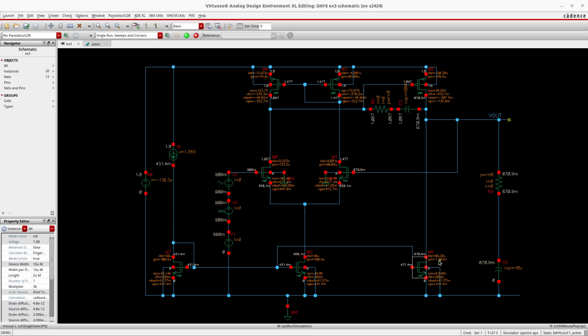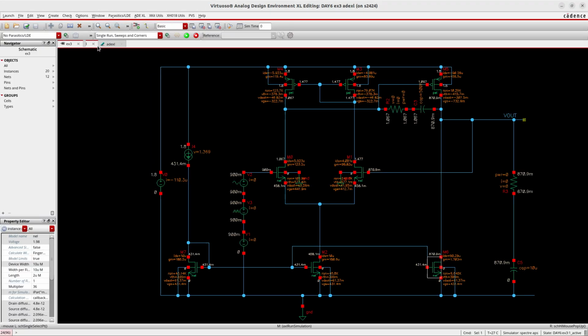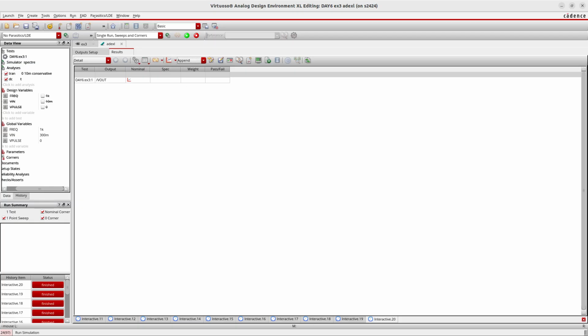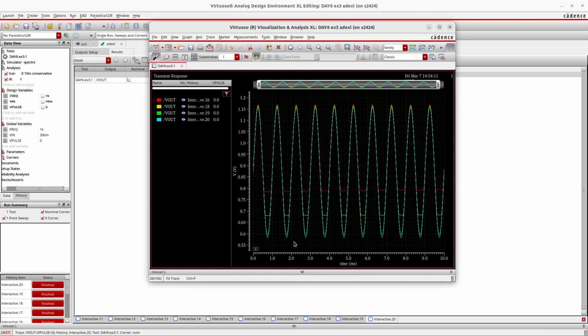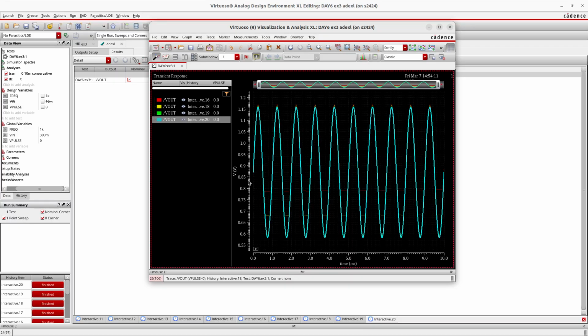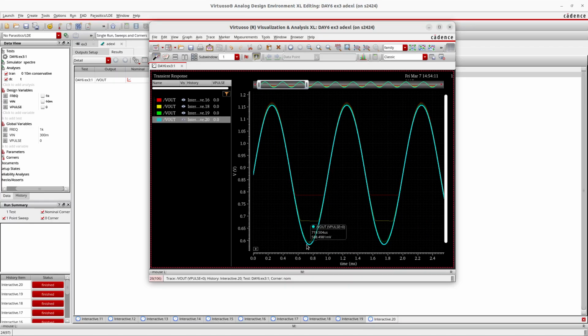Okay, so with 90 microamps, let's take a look. Okay, so we basically have a very linear signal.